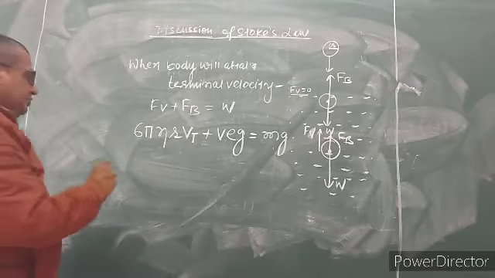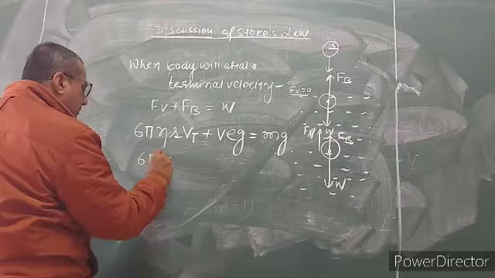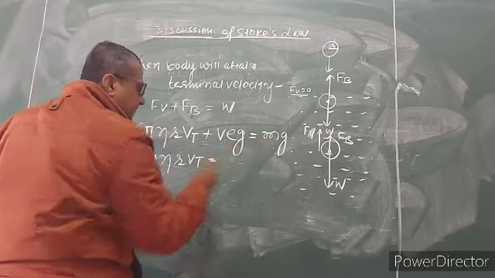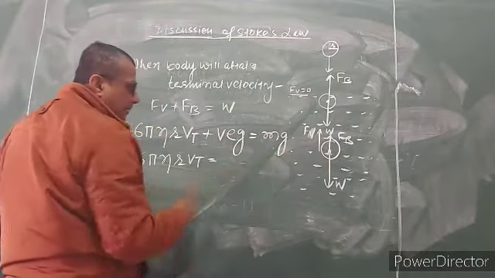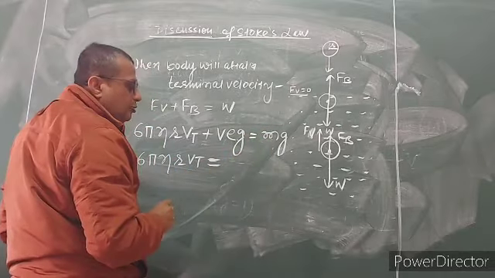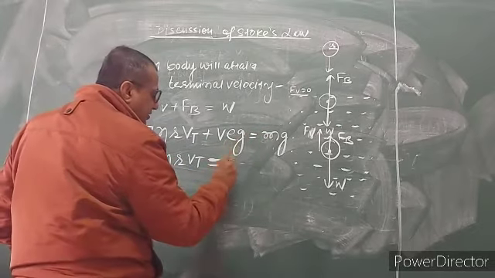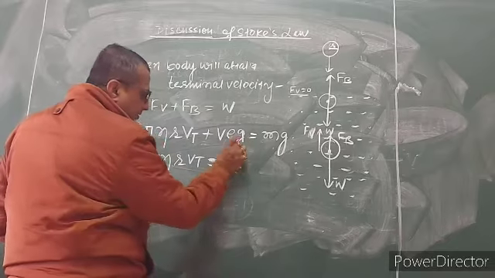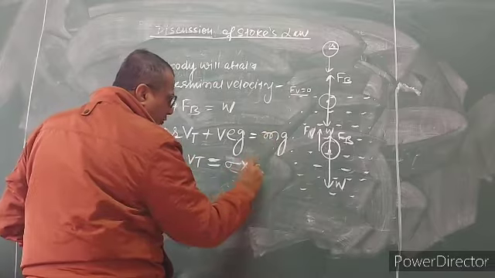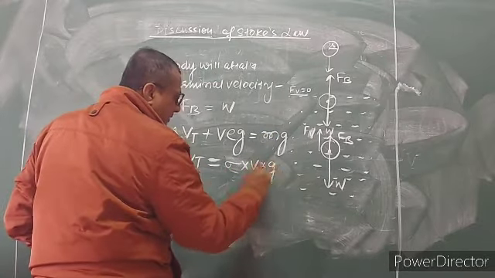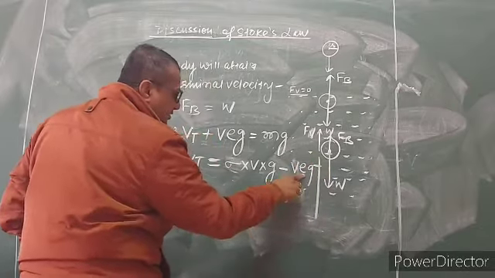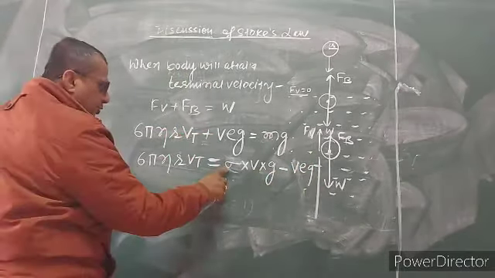Okay, 6 pi eta R Vt is equal to mg. Mass of the body: density equals mass by volume, so mass equals density into volume. Density of the body into volume into g. The buoyant force comes to this side, minus V rho g. This rho is the density of the liquid. This sigma is the density of the body.